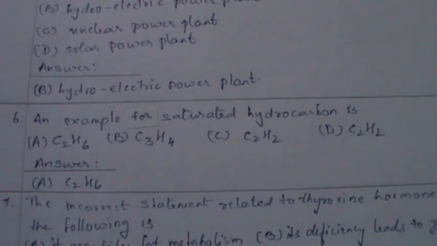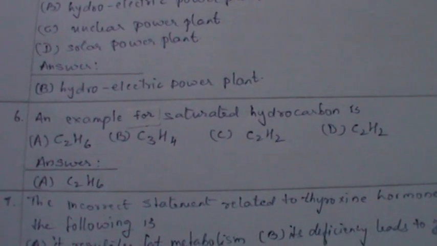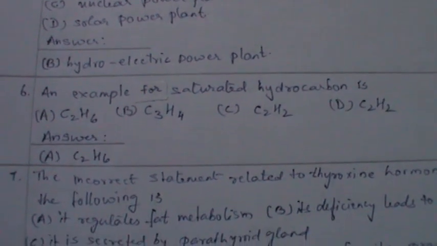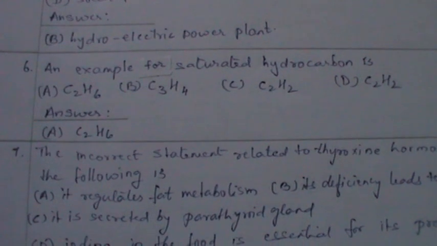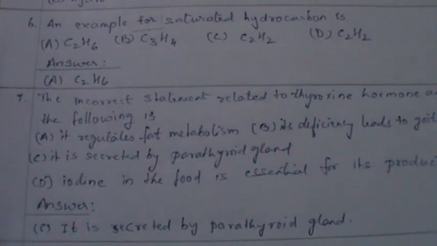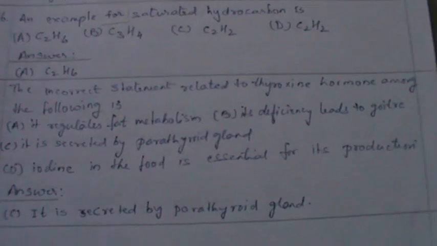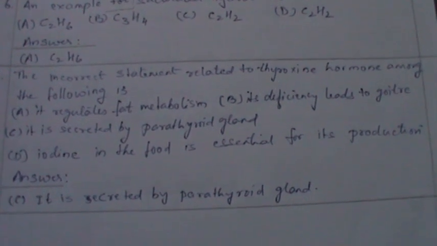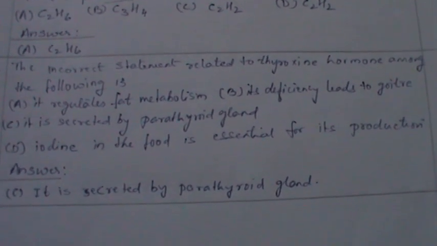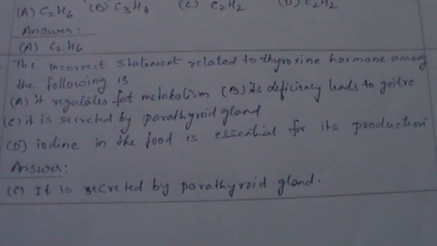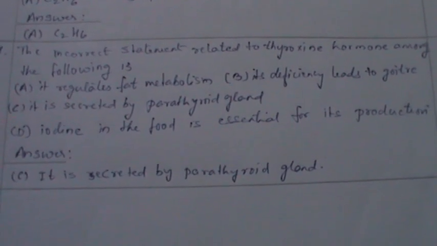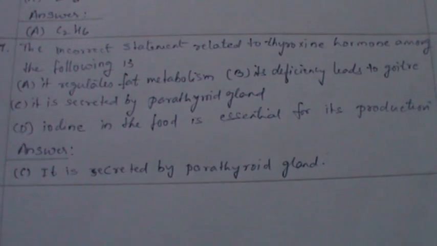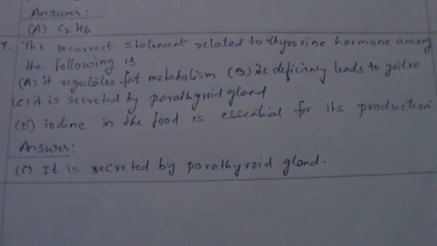Question number 6. An example for saturated hydrocarbon is dash. Answer A. C2H6. Question number 7. The incorrect statement related to thyroxine hormone among the following is dash. Answer. It is secreted by parathyroid gland.